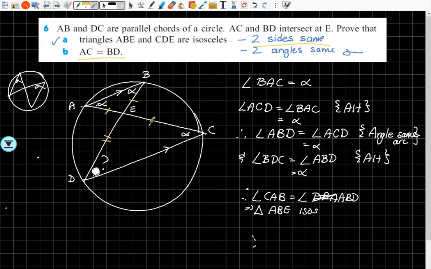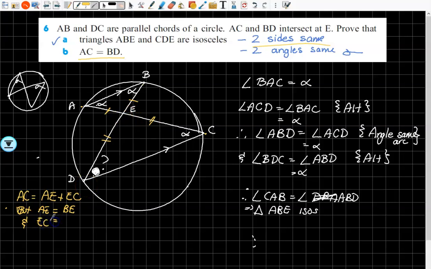Right? So we could start by saying AC equals AE plus EC. Agreed? But AE equals BE, and EC equals ED.